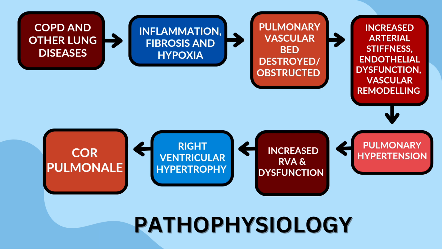Cor pulmonale is caused by respiratory diseases, for example COPD and other lung diseases, causing the airway to be thick, inflamed, and produce mucus. Mucus can clog the airway, making it harder for the patient to breathe, leading to inflammation, fibrosis, and hypoxia, causing the pulmonary vascular bed to be destroyed or obstructed.